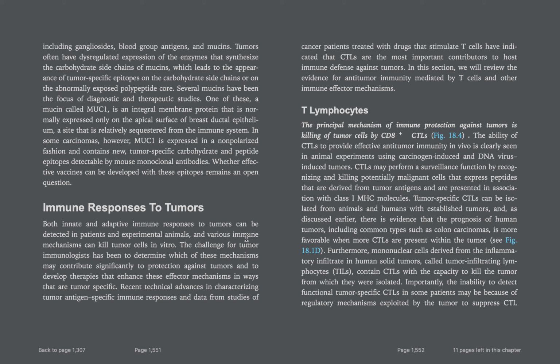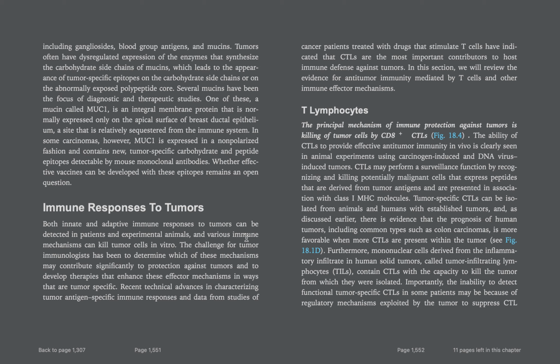Recent technical advances in characterizing tumor antigen-specific immune responses, and data from studies of cancer patients treated with a drug that stimulates T cells, have indicated that CTLs are the most important contributor to the host immune defense against tumors. In this section, we will review the evidence of anti-tumor immunity mediated by T cells and other immune effector mechanisms. T lymphocytes.